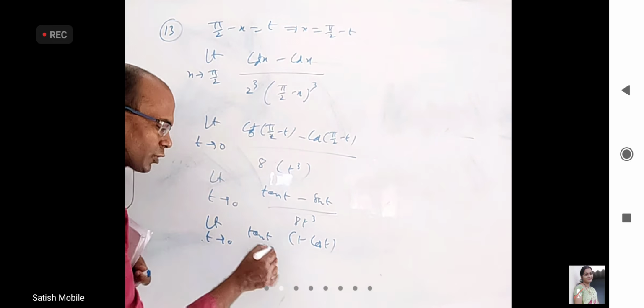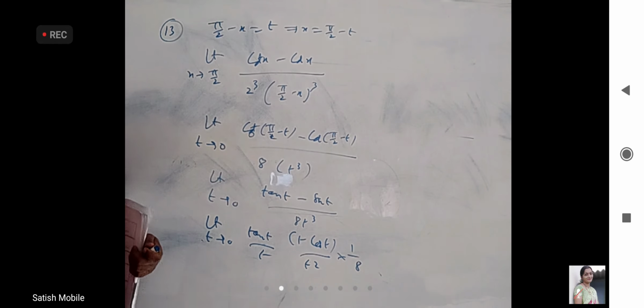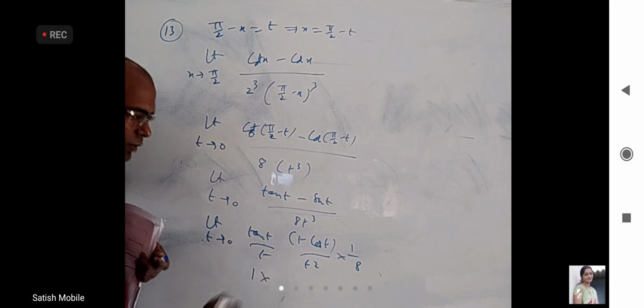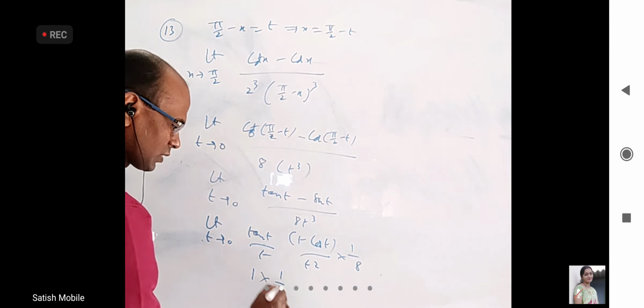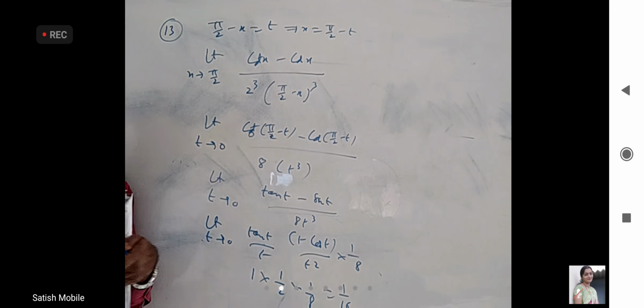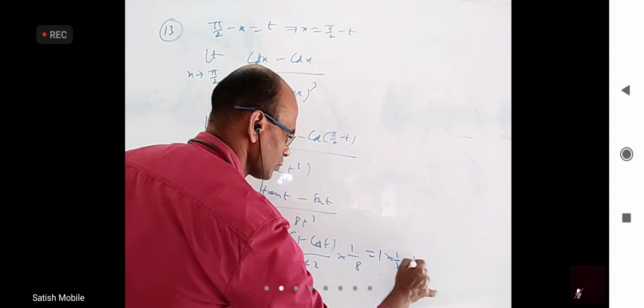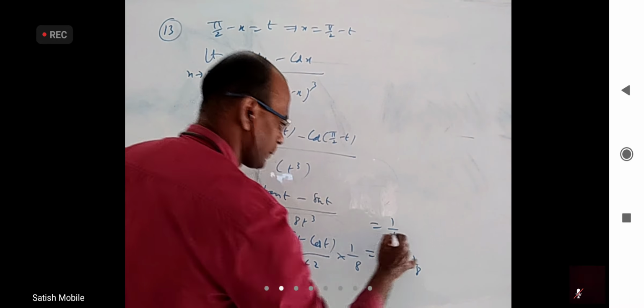This 8 t cube you write as t here, t square here, 1 by 8 here. Tan t by t limit is 1. (1 minus cos t) by t square limit is 1 by 2. This is 1 by 8. Answer is 1 by 16. Is it okay? 1 by 2, 1 by 8, 1 by 16.